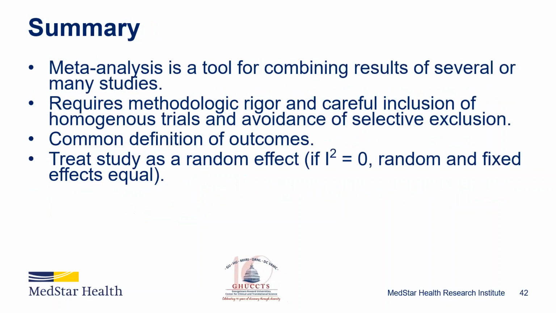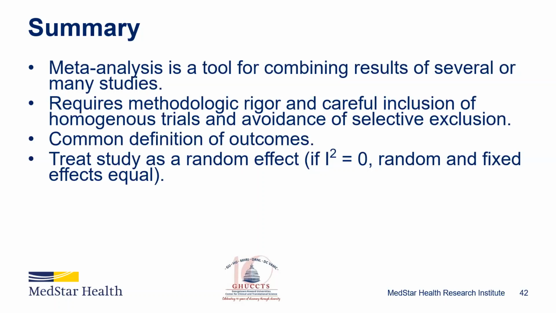So in summary, meta-analysis is a tool for combining results of several or many studies, but it requires methodological rigor, careful inclusion of homogeneous trials, and avoidance of selective exclusion. In the first meta-analysis that we looked at, the one looking at PCI versus medical therapy, there was some evidence of excluding a trial that should have been included.